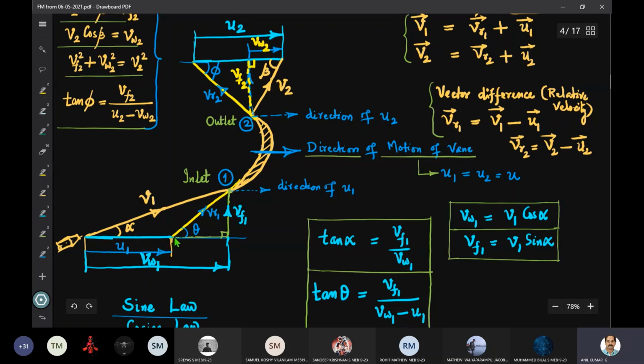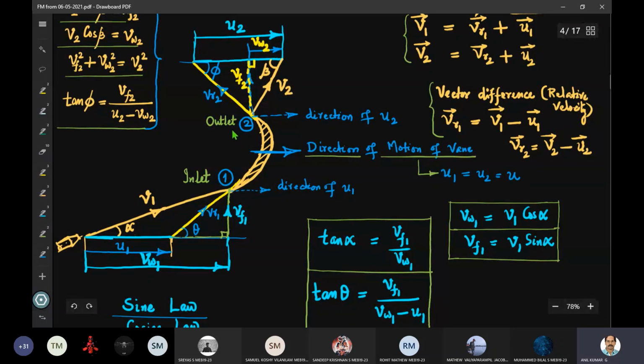And the effective velocity with which the jet strikes the vane, that is the relative velocity VR1, that is the vector difference between V1 and U1. The component of the absolute velocity V1 in the direction normal to U1, that is called VF1, which is the flow component of velocity.